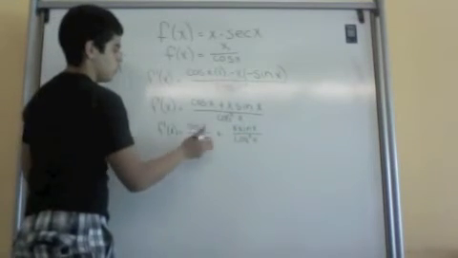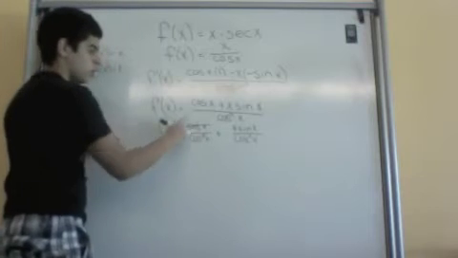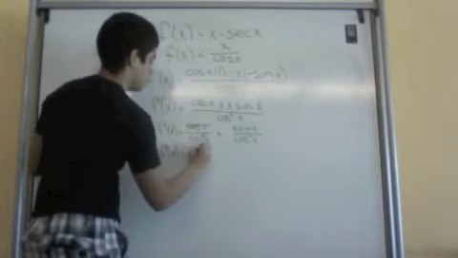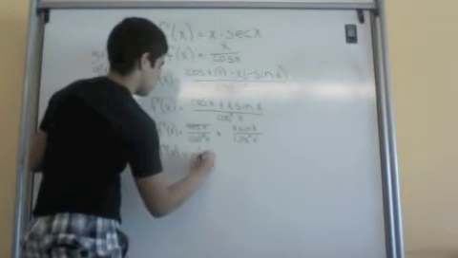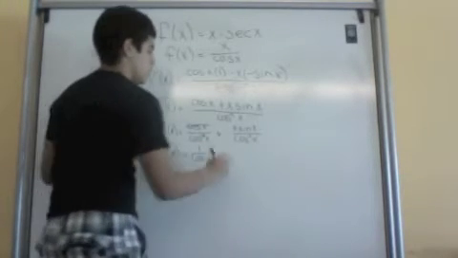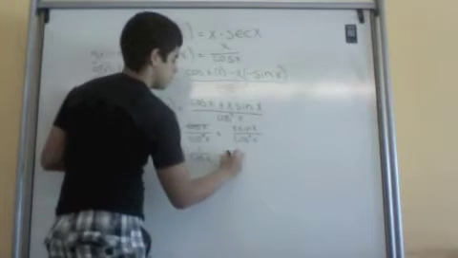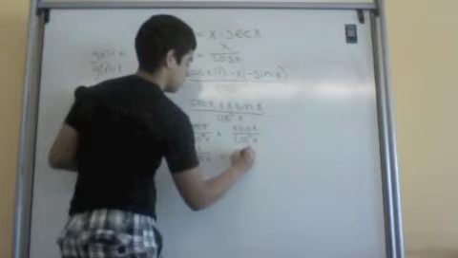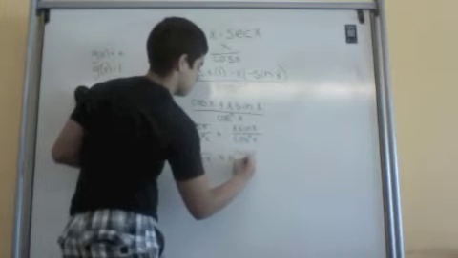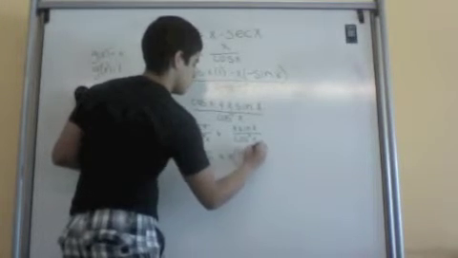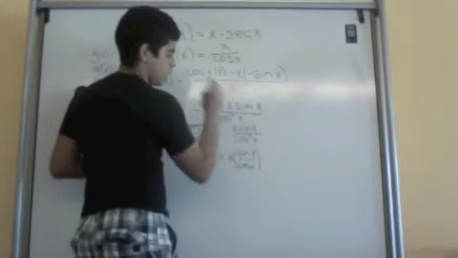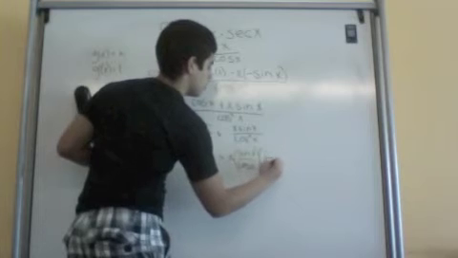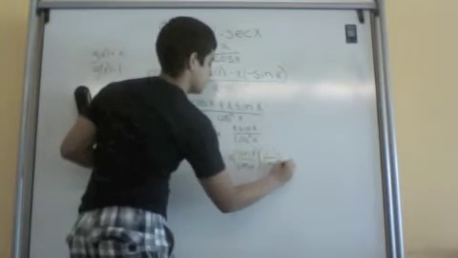Okay, so this one cancels and you have 1 over cosine of x plus, you can separate these, x times sine over cosine, and then 1 over cosine is going to be left over. So 1 over cosine of x.